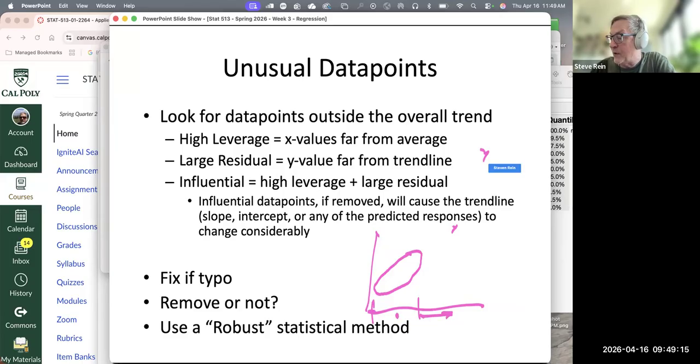So we got high leverage right here. However, this one has a residual which is not far from the trend line, which would correspond to the bulk of the data points. So here is a low residual, high leverage data point.